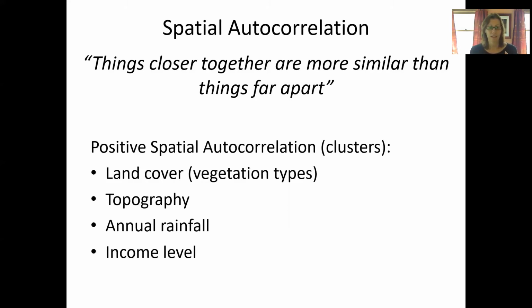Rainfall, human demographic things like income level, right? So you tend to have poor areas, you tend to have rich areas. And if we want to get a good sample across topography, across land cover, then we want to try to expand our samples so that they're far enough apart that we're not effectively measuring the same thing twice.